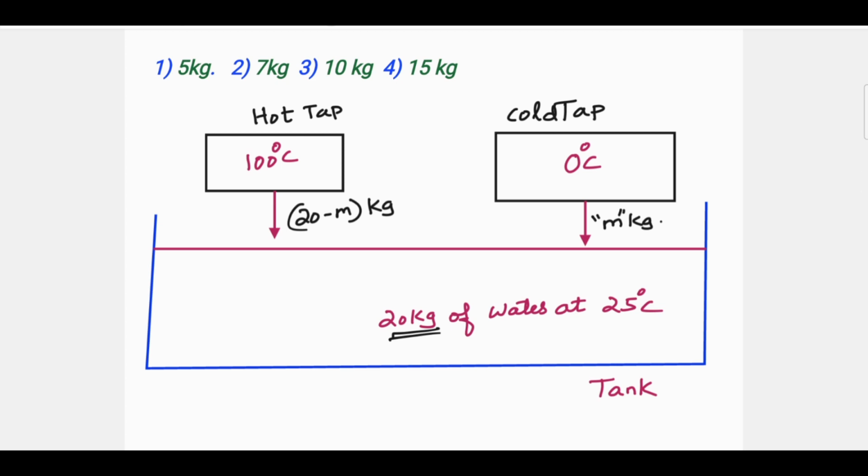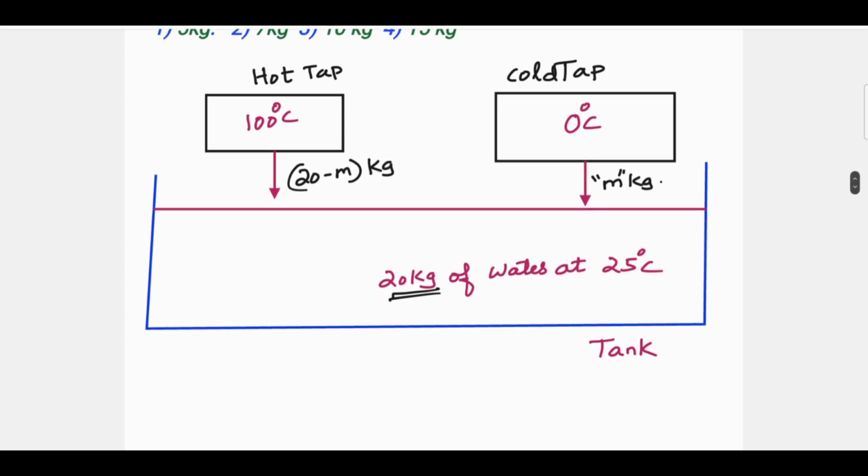What is the calorimetry principle? Heat lost by a hot body is equal to heat gained by a cold body. So here the water from the hot tap is going to lose energy. I am going to write that in equation format.